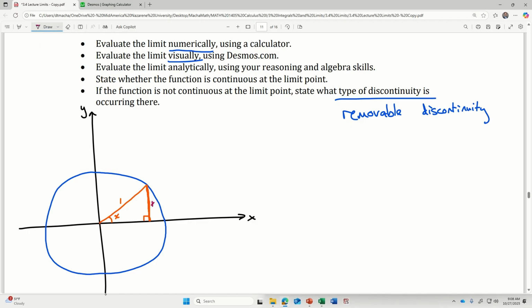This vertical length is going to be what? What trig function? Sine of x, yeah.